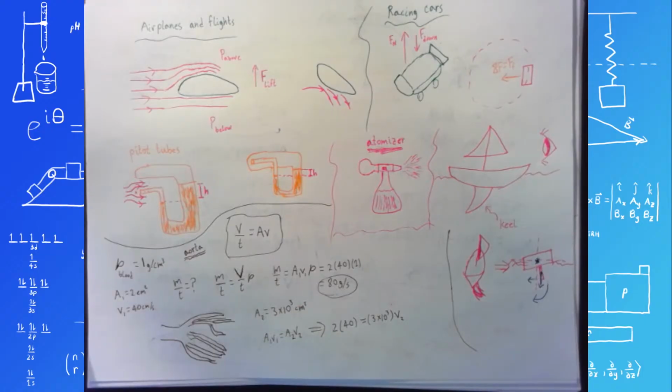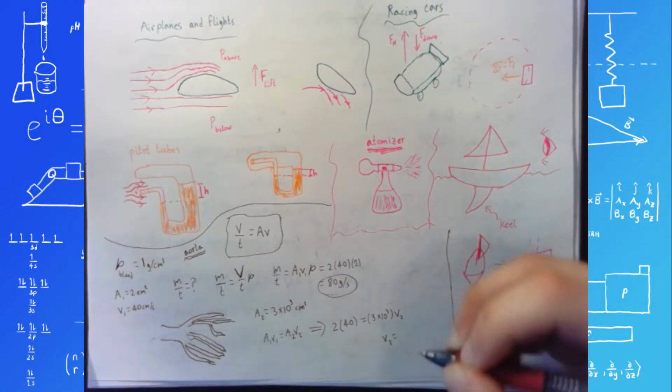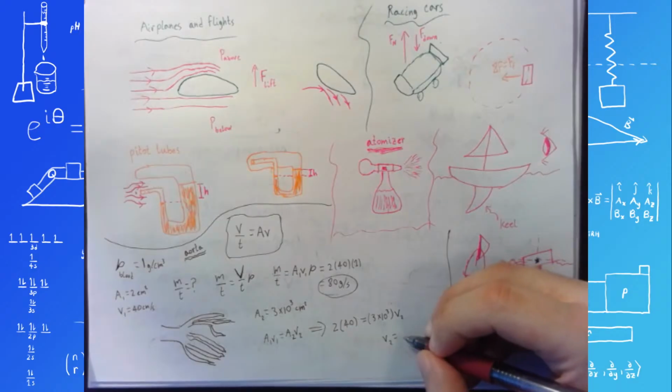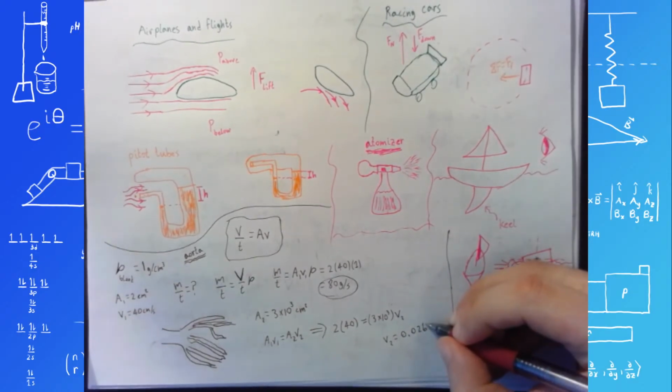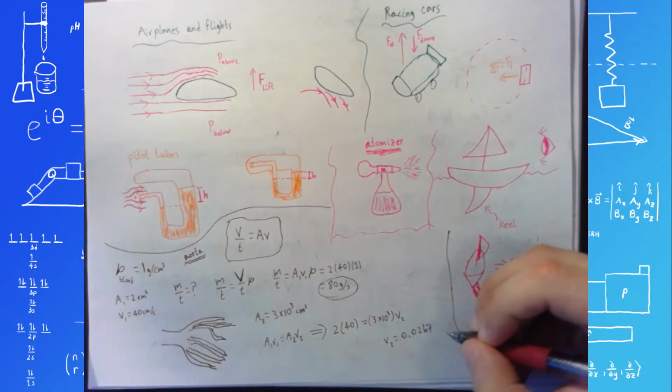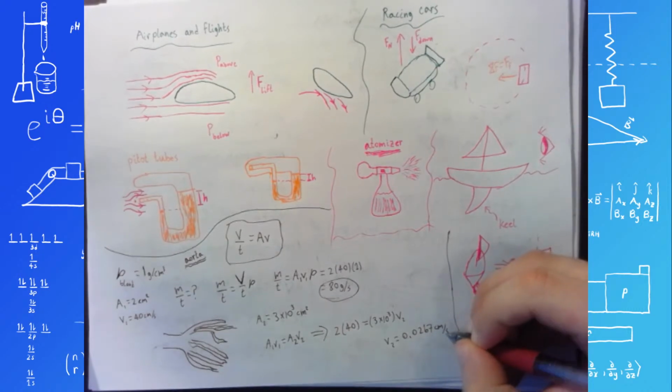And that's 2.67 times 10 to the negative 2 for V2, or 0.0267. It's actually just a bunch of repeating sixes, but anyway, that's in centimeters per second.